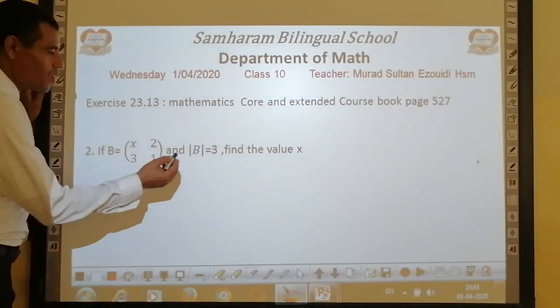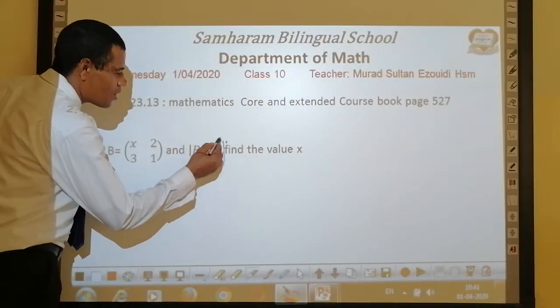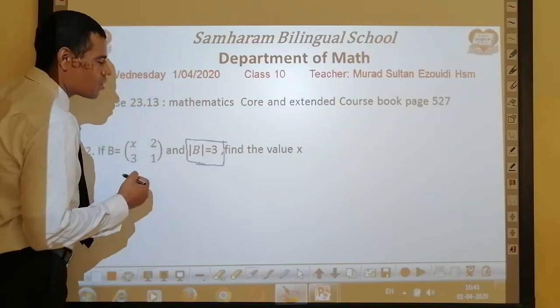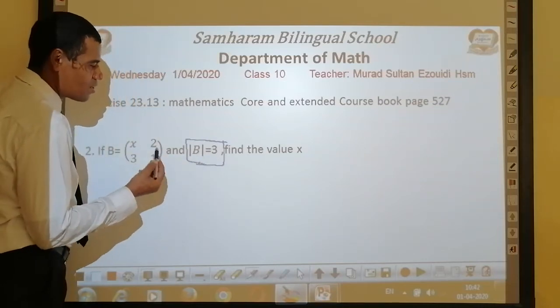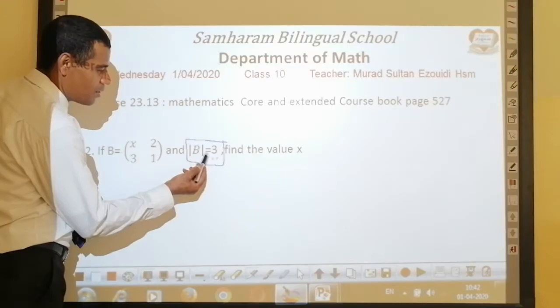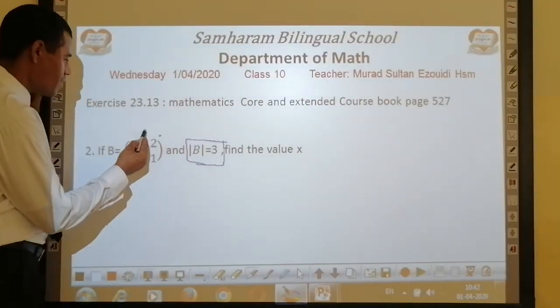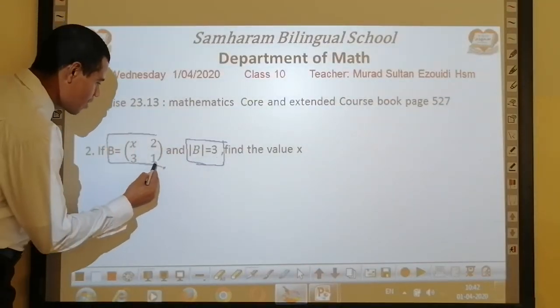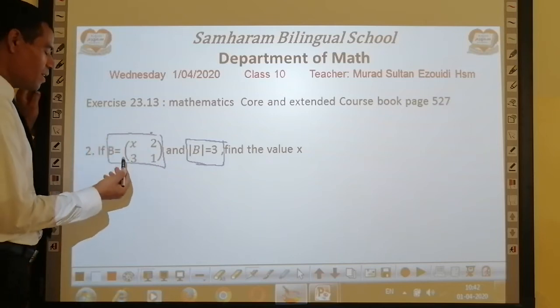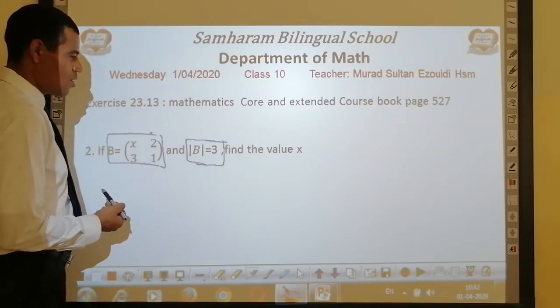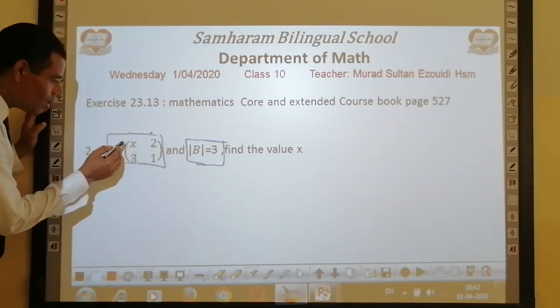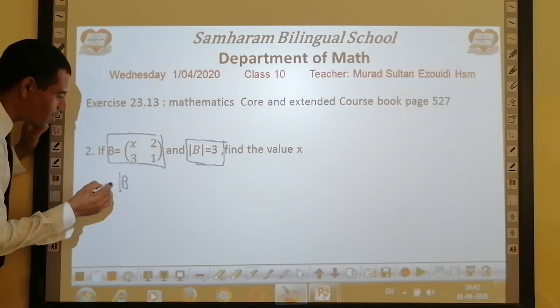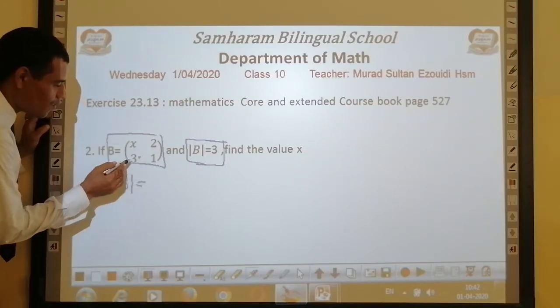Okay, look. The exercise states that the value of the determinant is 3. And here this is the matrix, the square matrix B over 2 by 2. We try to find the value of x. First of all, what is the determinant? I will use the first step.